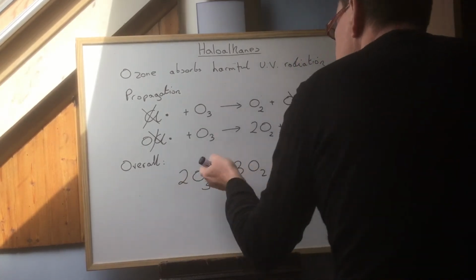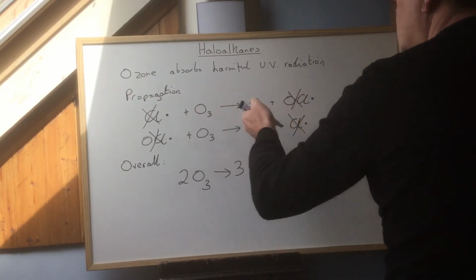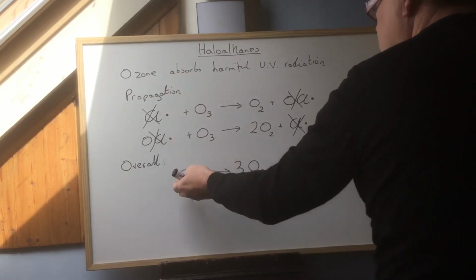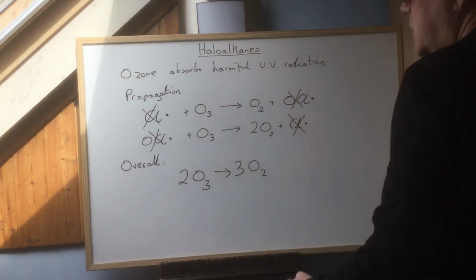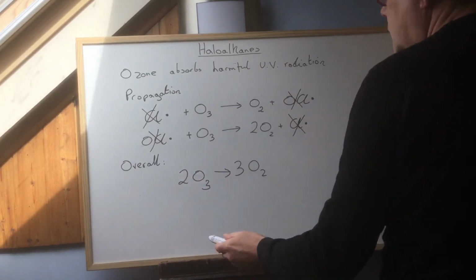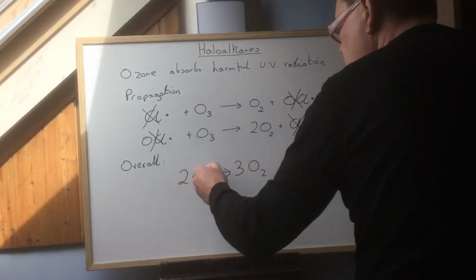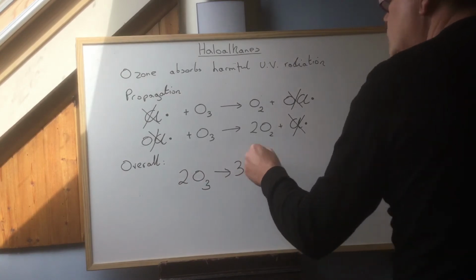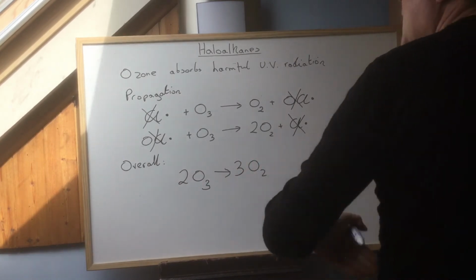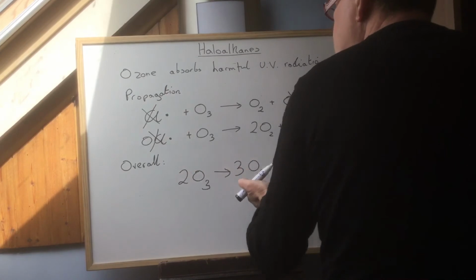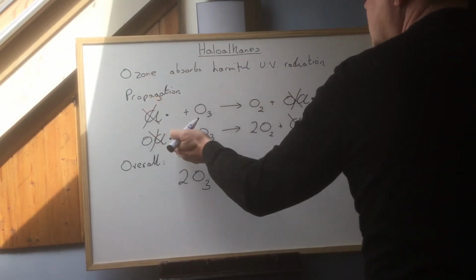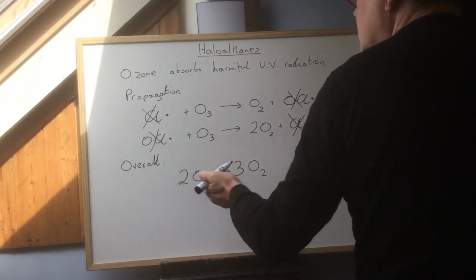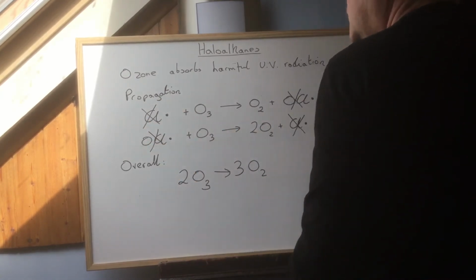That essentially summarises, without showing the intermediate free radical propagation steps, the destruction of the ozone layer by CFCs. That's what it does. Two ozone molecules become 3 oxygen molecules, catalysed in that process by chlorine free radicals, as we can see, generated through the use of CFCs.